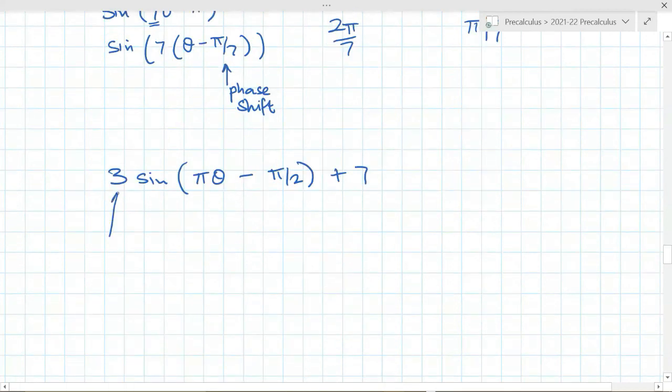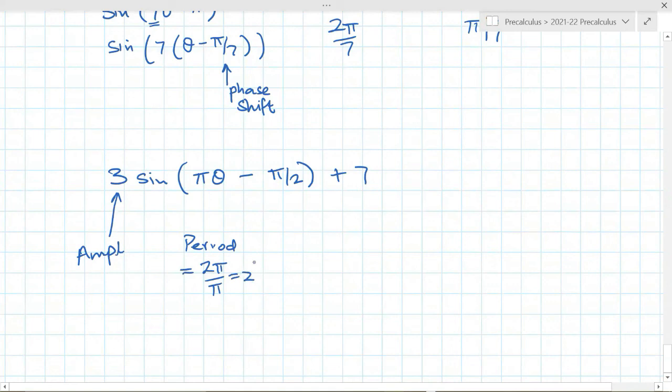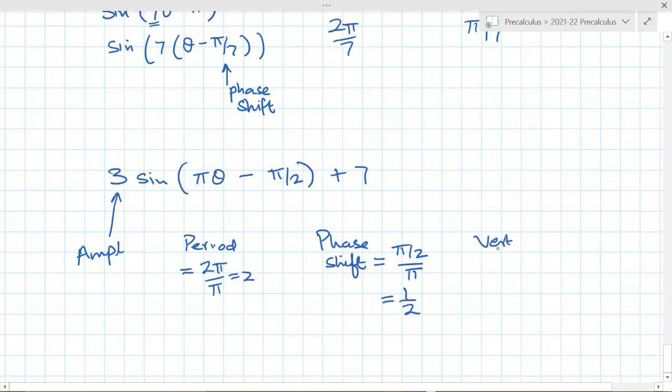This 3 is the amplitude, right? Normally amplitude is 1. We multiplied by 3, so amplitude is 3 now. Amplitude is positive. Even if this is negative, it just flips it, but the amplitude is 3. The period is 2 pi over pi, which equals 2. Phase shift is 1/2. And vertical shift is 7.